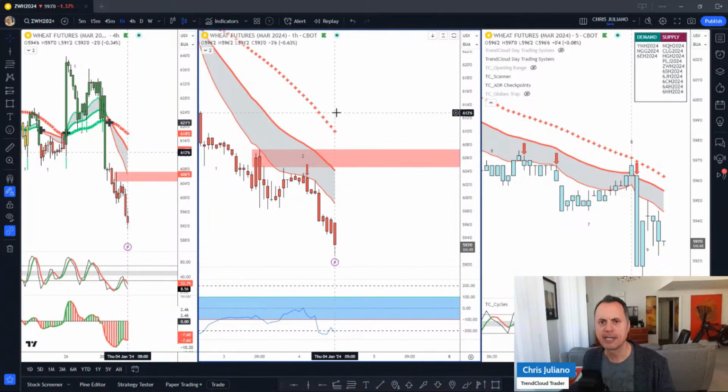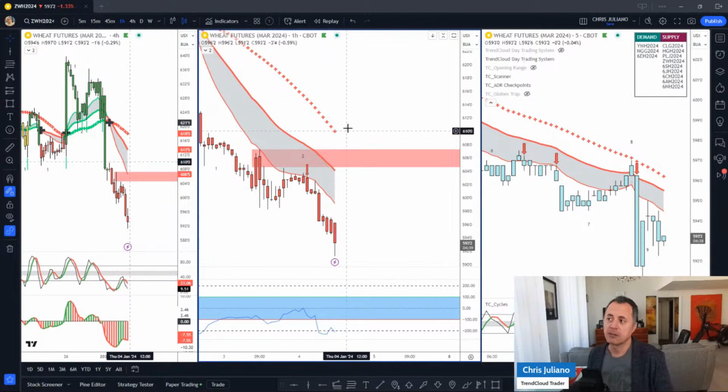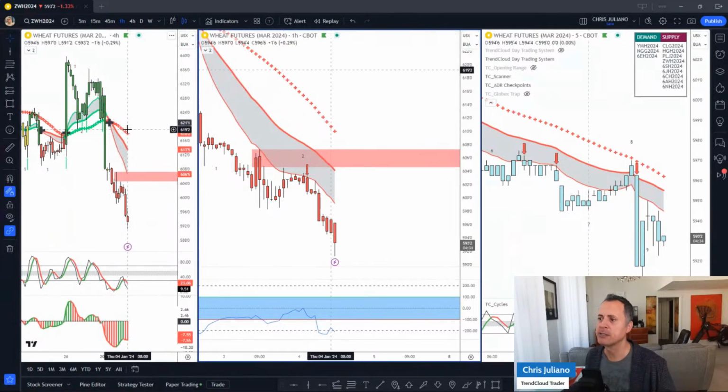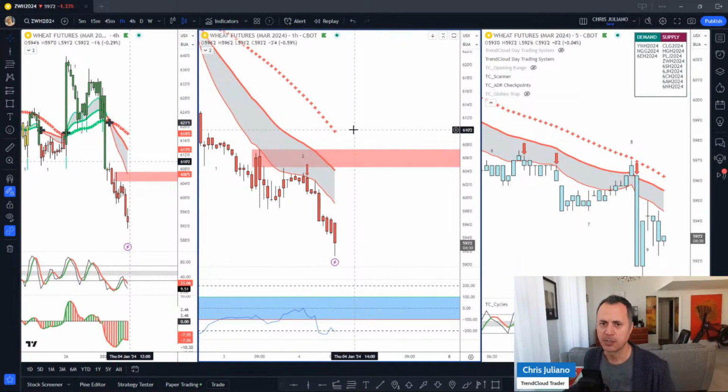Did that supply and demand zone break through structure? Do you have momentum and trend on your side? Sometimes they only look at trend. They'll say, okay, trend is down, so we're going to start looking for supply zones. That didn't work for me. I needed a little bit more.